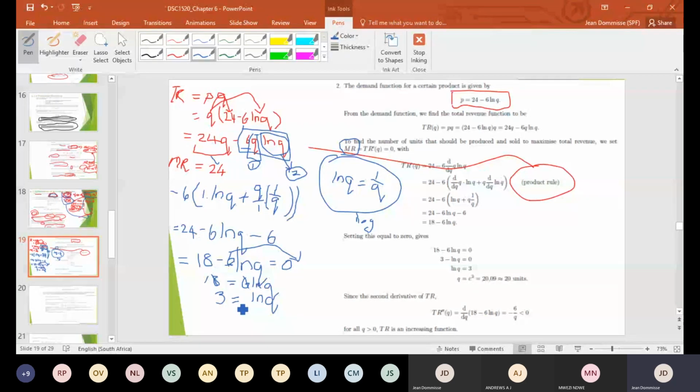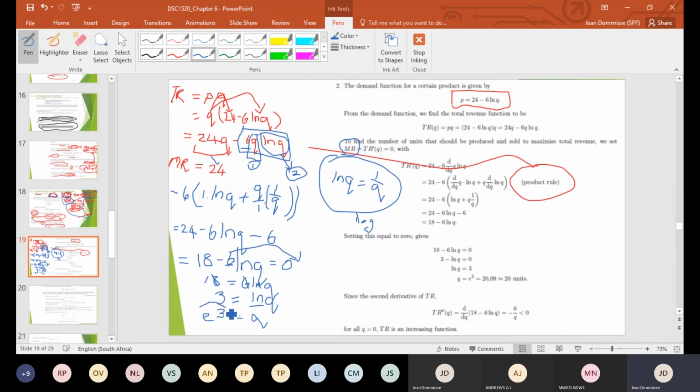And then again, I think in one of the previous chapters, if we now need to work out what q is, the q will be equal to e to the power of 3. To get rid of ln, we basically do the e in front.